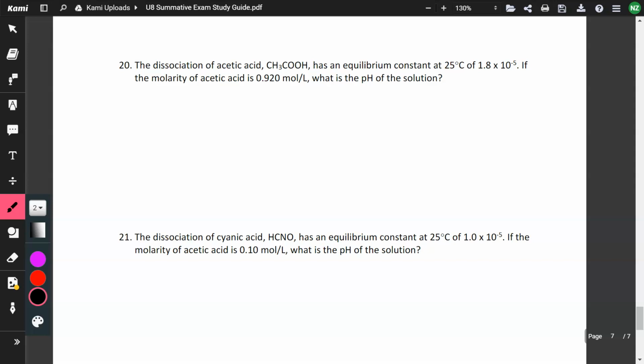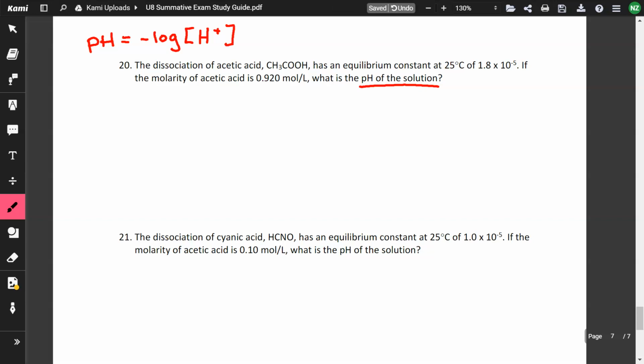All right, so there's a lot going on here. What I would do is start, the question's asking us to find pH. pH is equal to negative log H plus. So if you go and look in the question, nowhere does it give us that.